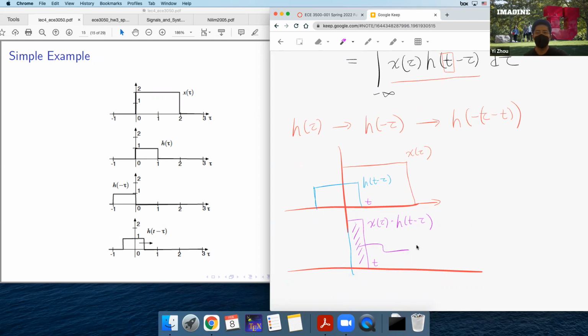So this area corresponds to the integration of x(tau) h(t minus tau).